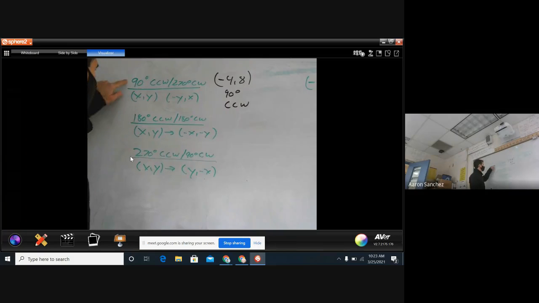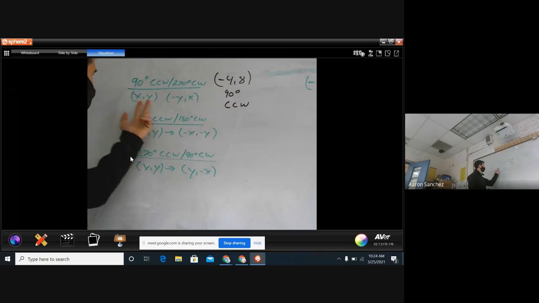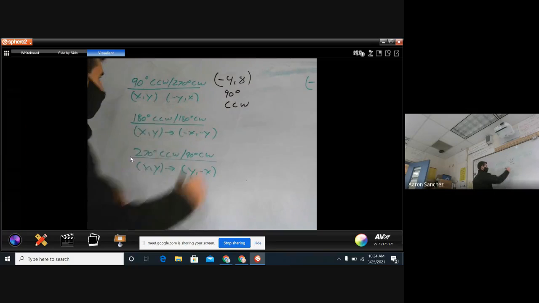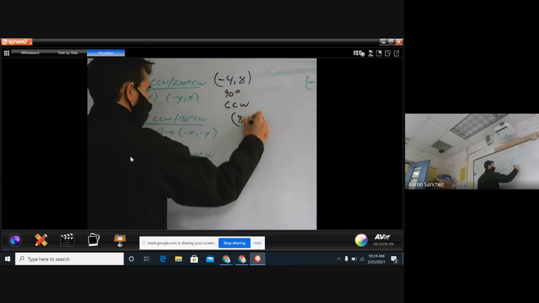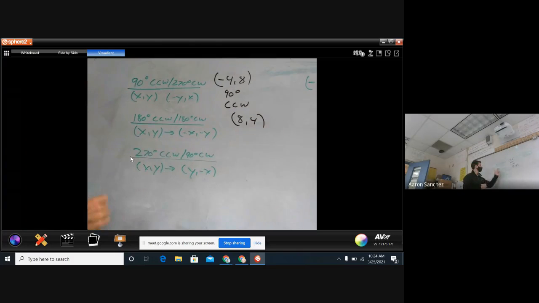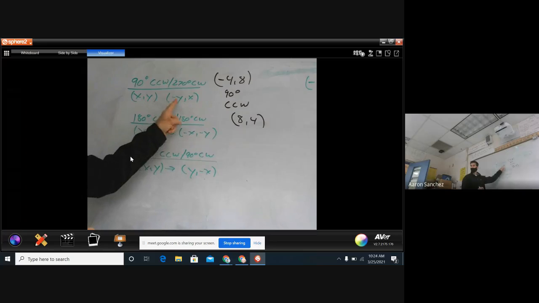So 90 degrees counterclockwise. The x and y switch, they flip. So it becomes 8, 4, right? Does that make sense? Now, which one changes? If the sign says negative, change; if it says positive, no change. So which one's negative? The y changes.